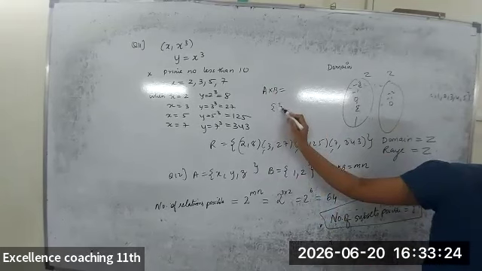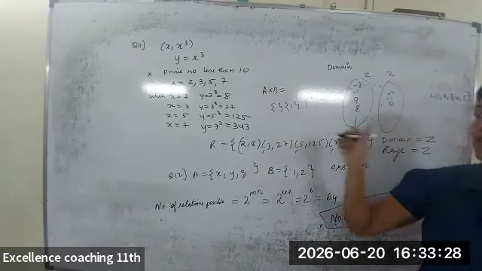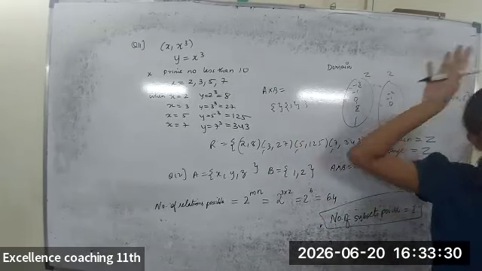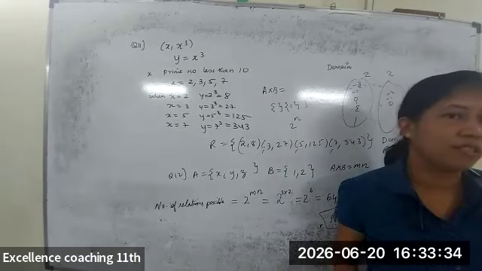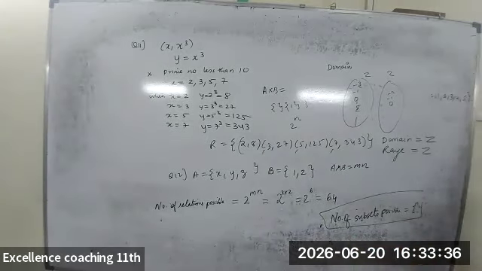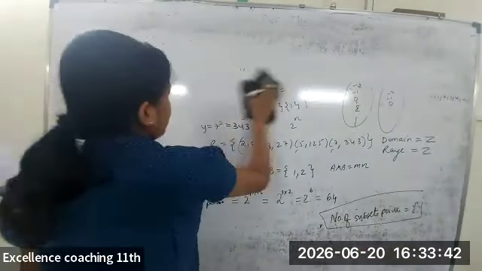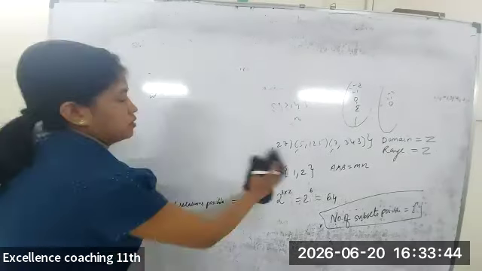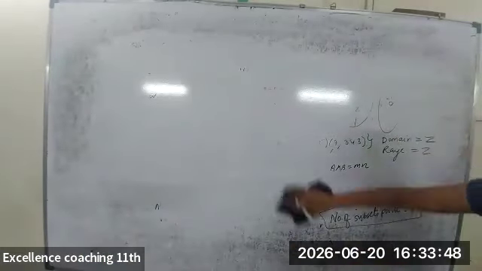One subset will be empty, one will have 1 element, and so on. It is not possible to try all combinations of the 6 elements. So the shortcut formula is 2 raised to n, as we did in power set. You have to remember that formula from the sets chapter, under power set, where we had learned it.